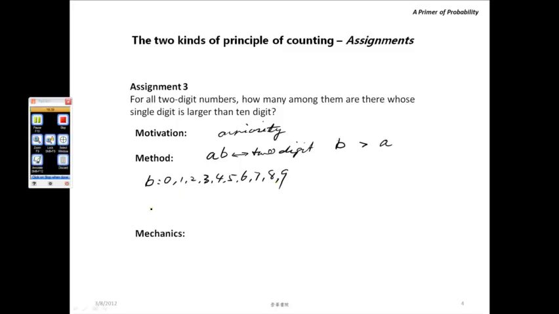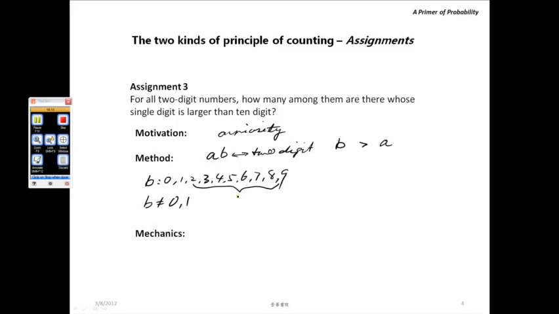Immediately, we can see that B cannot be 0 and 1 because they are no larger than any other number in the 10 digit. So each candidate number 2, 3, 4, 5, 6, 7, 8, 9 can make sure single digit B is larger than 10 digit A independently, no matter how large 10 digit A is.